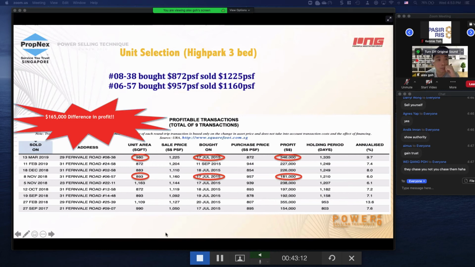That's where supply and demand comes into play again: higher demand but lesser supply, so the bigger unit performs even better compared to the smaller unit.